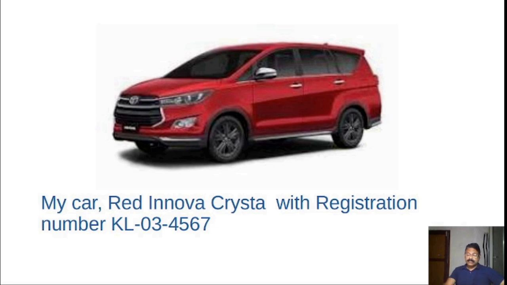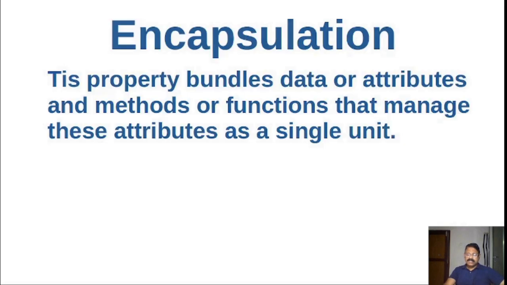Let us consider the properties of object-oriented programming. There are a lot of object-oriented programming languages. All these languages possess certain features. First one is encapsulation. This property bundles the data or attributes and methods or functions that manage this data as a single unit.